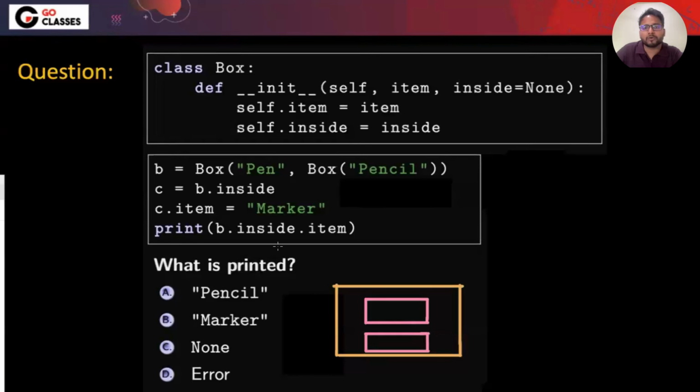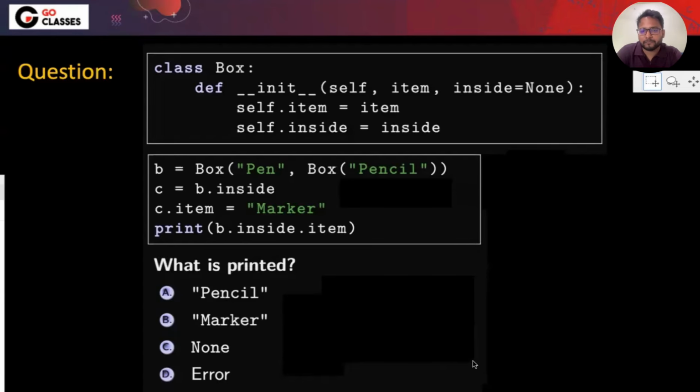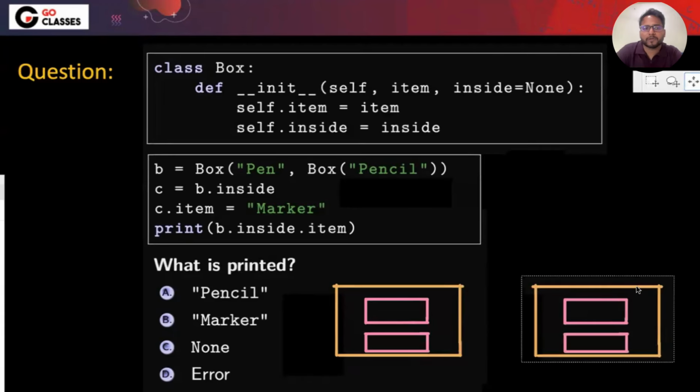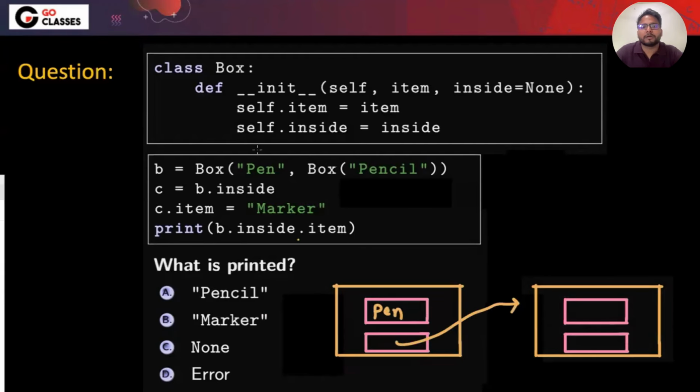Okay. So initially you can say this is pen, and it was having reference of this. Now initially this is pencil. Now c is referring to this because b dot inside is c.